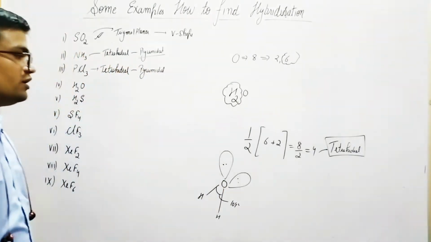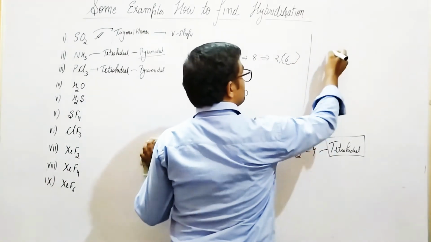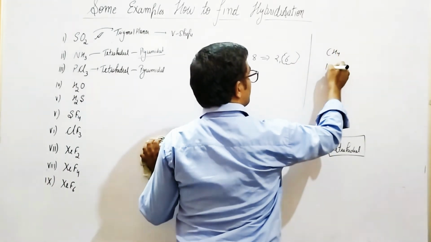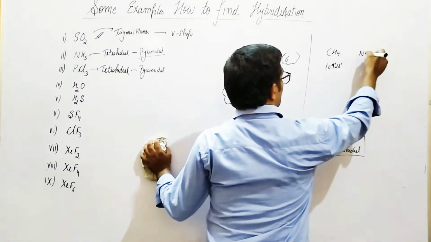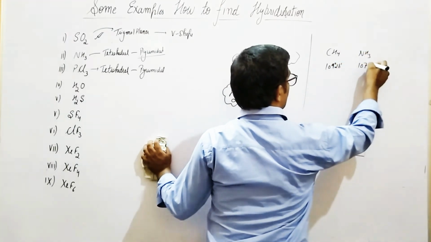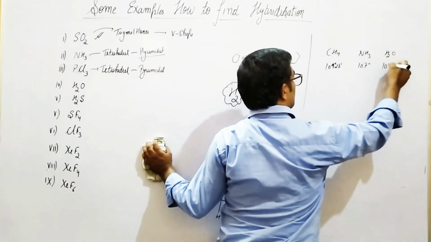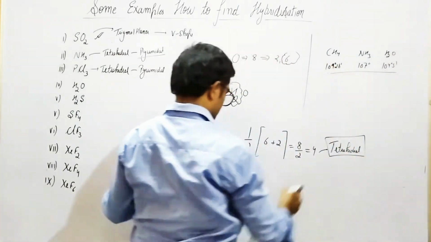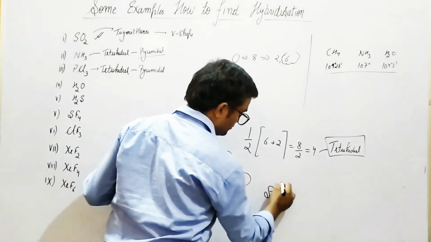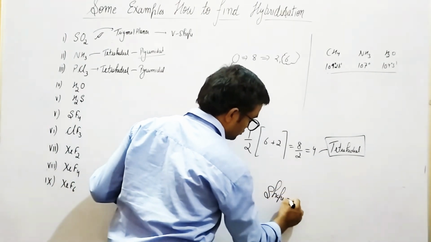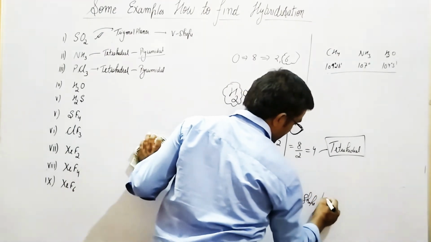Therefore, the bond angle decreases. So we should know in CH4 the bond angle is 109 degree 28 minutes, while in NH3 due to one lone pair it comes out to be 107 degree, while in H2O it comes out to be 104 degree 5 minutes. Therefore, the shape comes out to be the same as SO2, V shape, inverted V shape we can say, or bent shape.